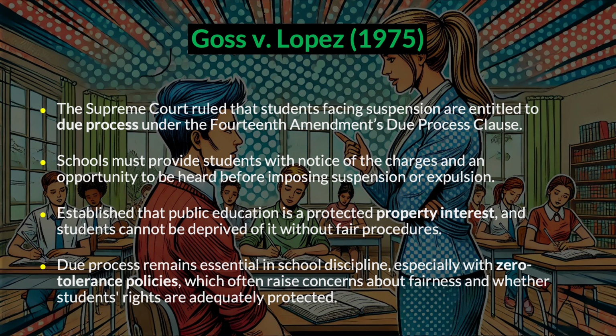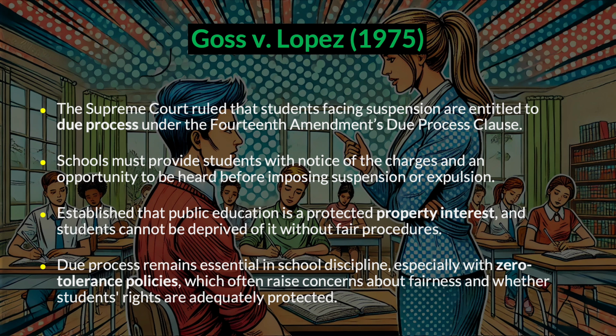The 14th Amendment also plays a crucial role in ensuring fairness in school discipline. Its due process clause requires that students be given proper notice and an opportunity to present their side of the story before any disciplinary action, such as suspension or expulsion, is finalized. In the case Goss v.